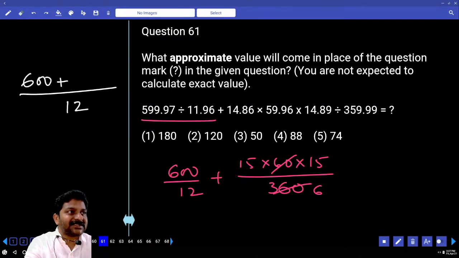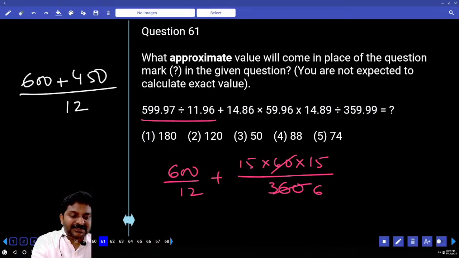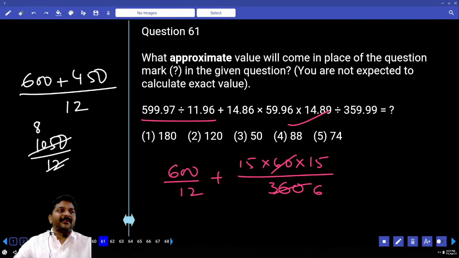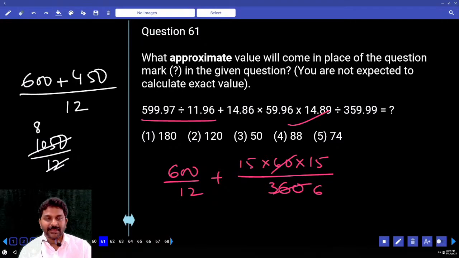Second numerator actual number is 225. You have to take 2 times of that number, 450. That means 1050 divided by 12. 12, 8 times 96. And something else is there. That means the answer must be in 80s. Fourth option. There is only one which is in 80s. If you have 85, 86, 87, 88, then you need to identify the next digit also. Yes or no?